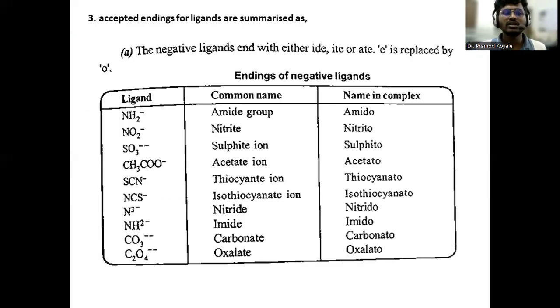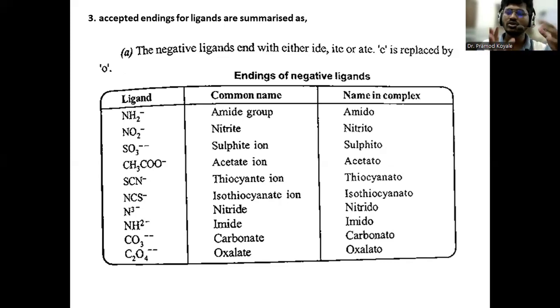Then the next one is regarding the ending of the ligands. As we already know, we have two different types of ligand: negative ones and neutral ones. Within the negative ones also, there are some ligands which are not commonly utilized, and on the other side we have the negative ligands which are commonly utilized.